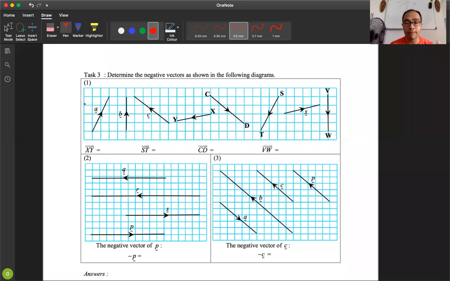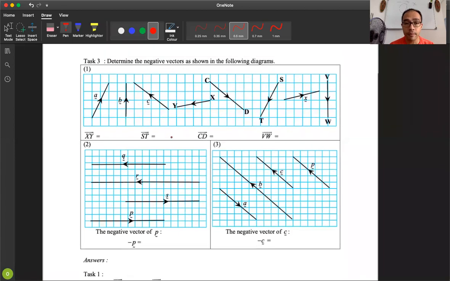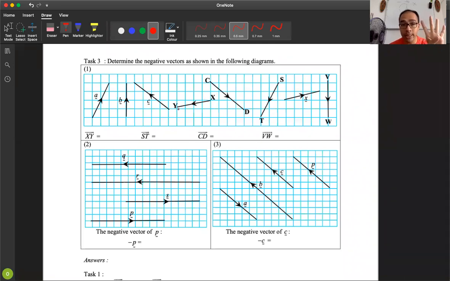For example, I can point out to you vector XY. Look at the direction of XY, it's like this. It's covering about 4 boxes going in this direction, and the only other vector that we can see that is opposite to this is this one. So vector XY is the same as negative vector X. Let this sink in a little bit.